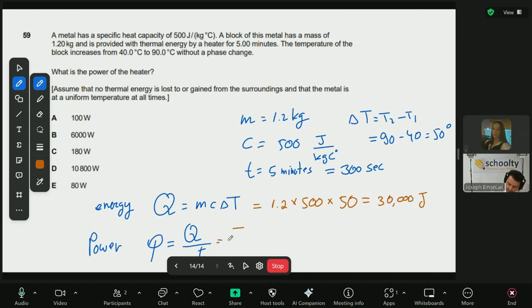And 30,000 joules, the power is 30,000 joules in 300 seconds, which is 100 watts. Exactly. Watts are joules by seconds, which is the answer A.